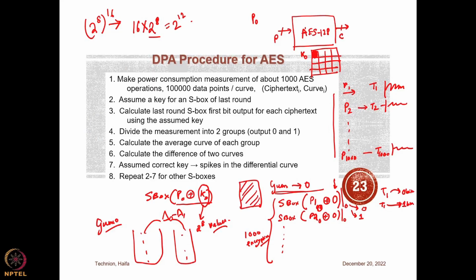That is 2 to the power of 8 guesses, but that is only for 1 key byte. So for 16 key bytes you have to do 2 to the power of 8 multiplied by 16, because they are independent. It's not that you have to do one after another. You can do them in parallel also.